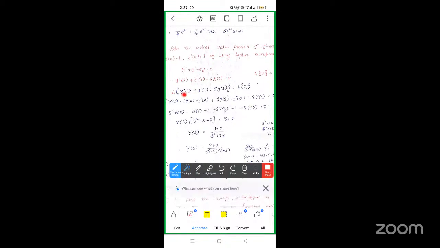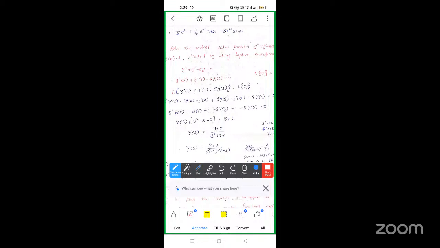By using the Laplace transform of the second order derivative formula, s square into Y of s minus s into y of 0 minus y dash of 0, plus the Laplace transform of the first derivative, s into Y of s minus y of 0, minus 6 into Y of s is equal to L of 0, which is always 0.